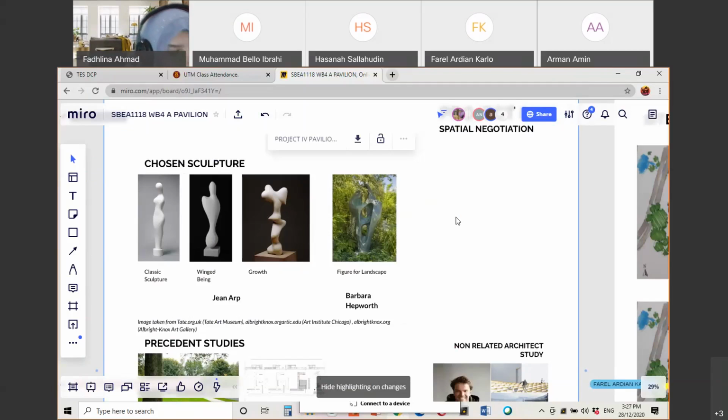The shape of the sculpture is bone-like, so it emphasized the human torso-like form of the growth. The last one was created by Barbara Hepworth, the Figure by Landscape.